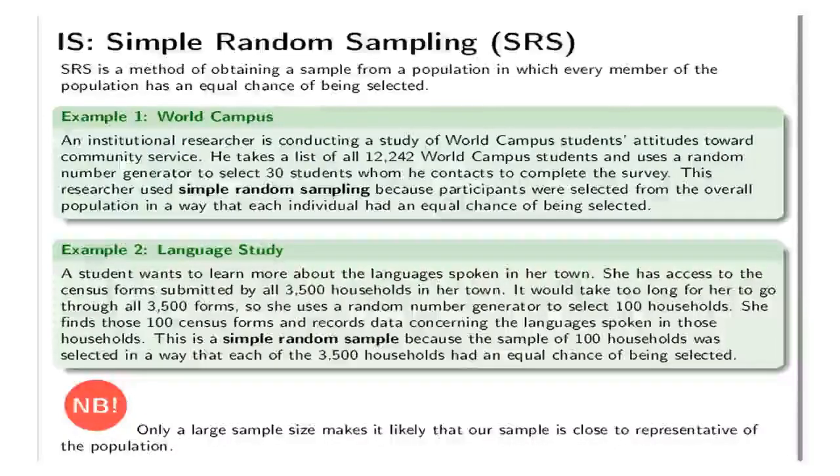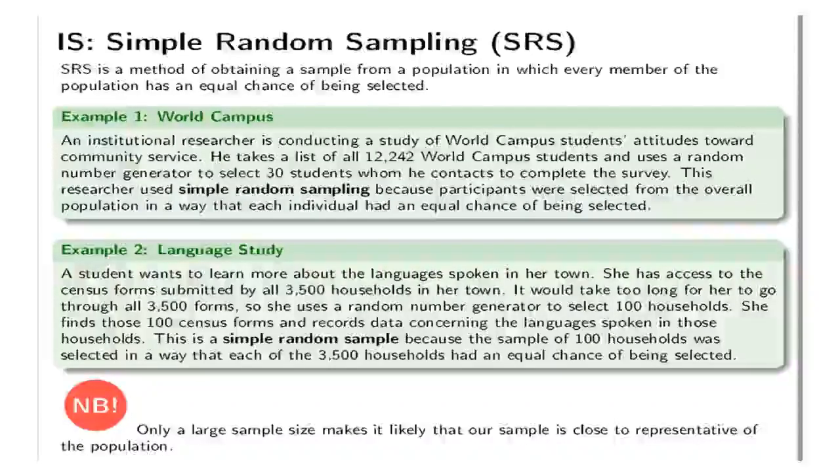And the tool used to generate the 30 students out of the 12,242 students was the number generator. See, this is available online and it's for free. So you can use this particular tool, number generator. Let's proceed to the second example.